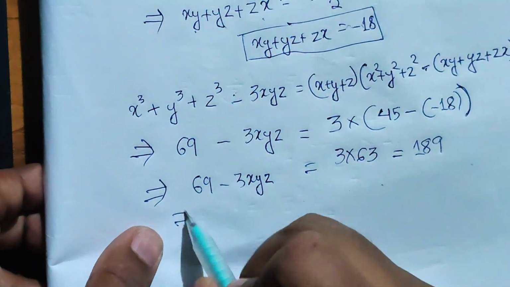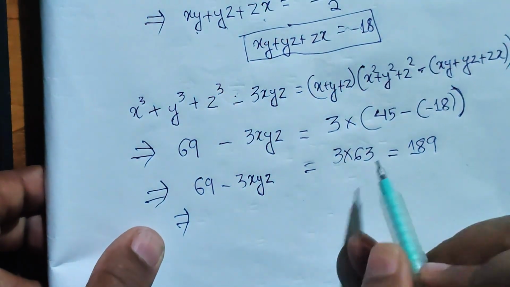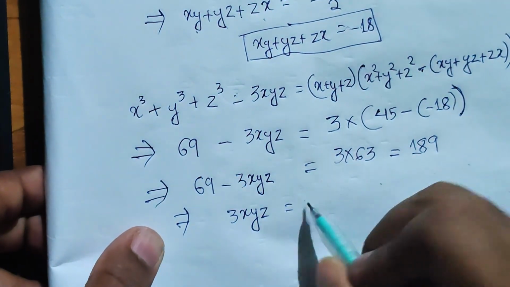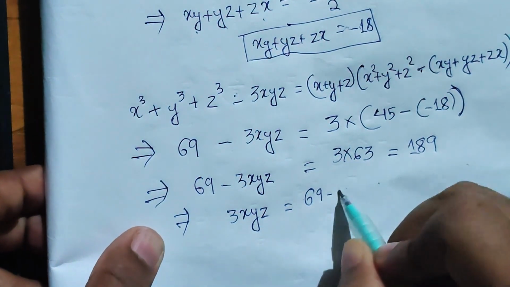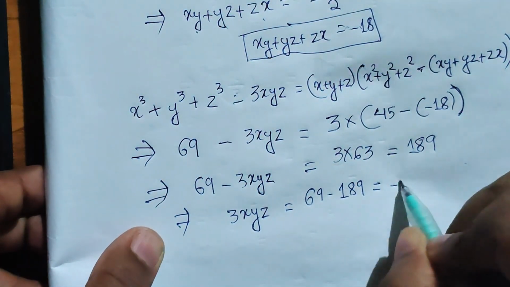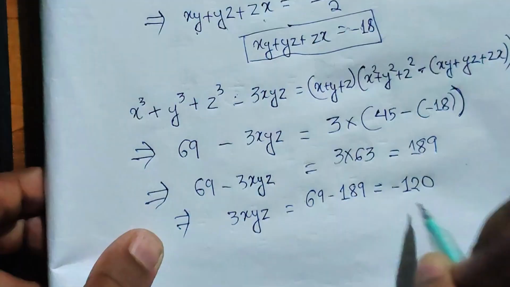Now we take this term here, so 3xyz becomes 69 minus 189, which is negative of 120. Okay.